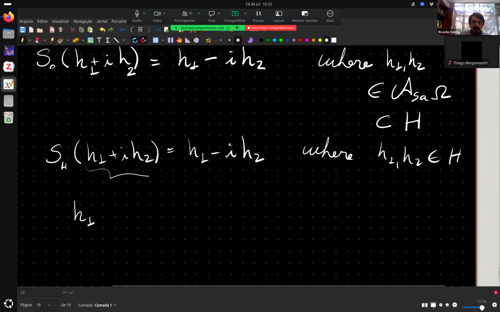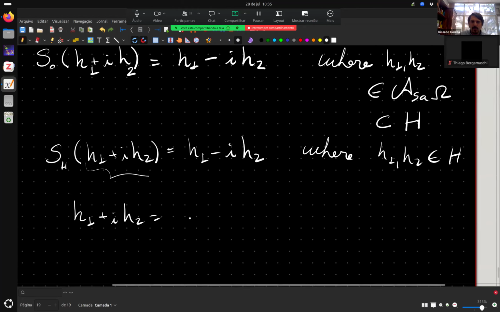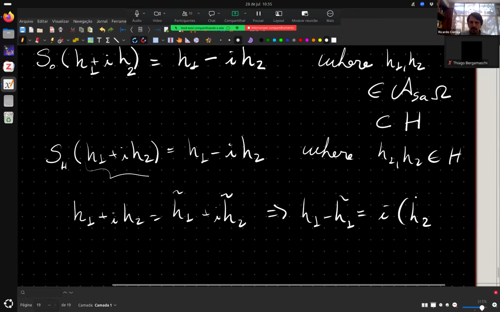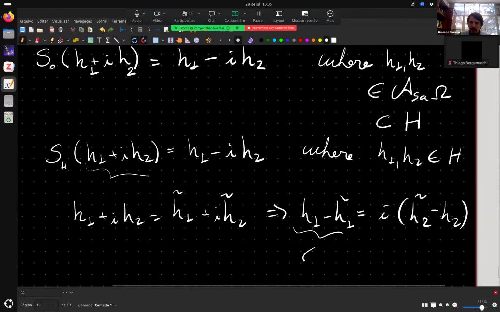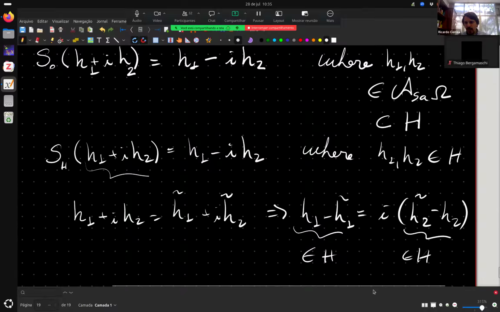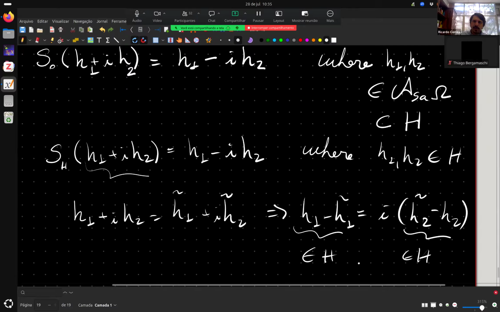If you have H1 plus I H2 equals H1 tilde plus I H2 tilde, that implies that H1 minus H1 tilde is equal to I times H2 tilde minus H2, which is impossible because this belongs to H and this belongs to I H. So that would imply that H1 is equal to H1 tilde and H2 tilde is equal to H2. And therefore the decomposition in this way is unique.